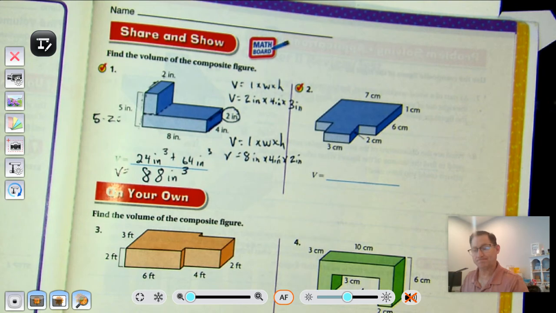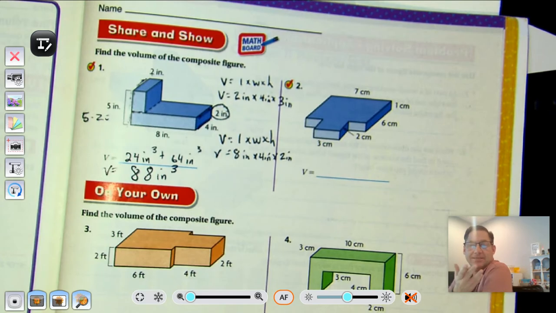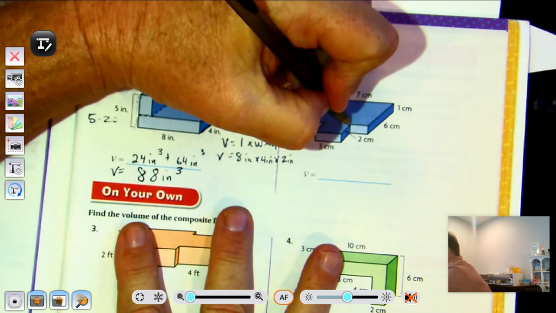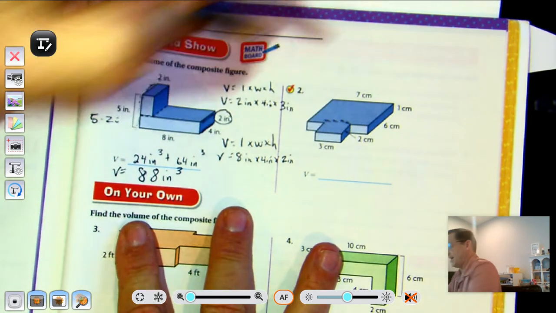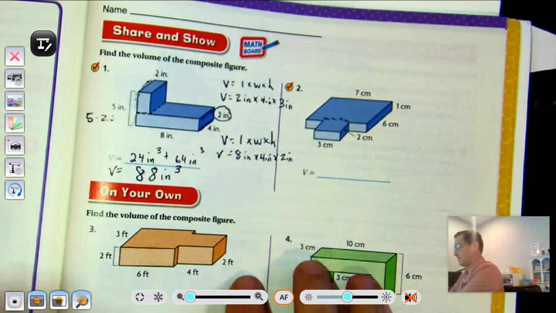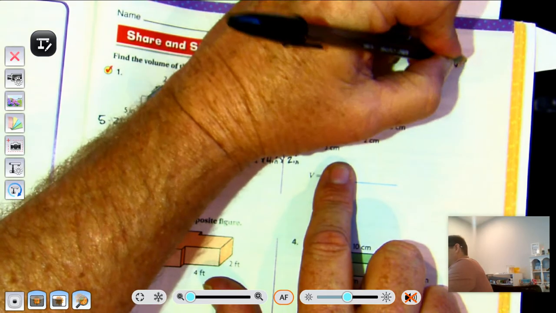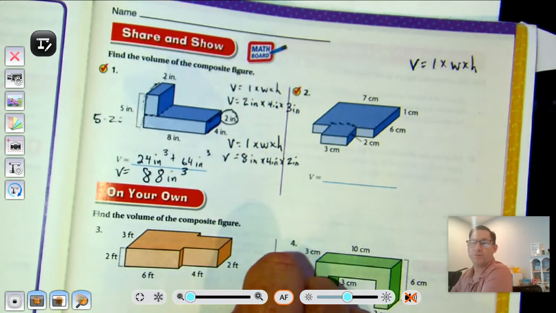Okay, number 2. All right, again, it doesn't tell us to use subtraction or addition, but I think I'm just going to use addition again. It's easy to divide this into a large rectangle in the back and this little piece right here. All right, let's do the little one first. I'm going to write the volume formula first.